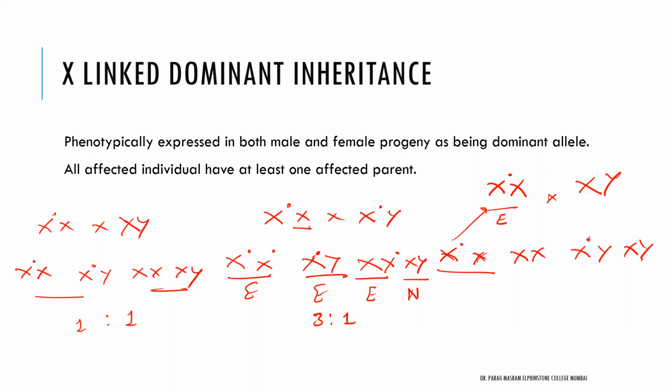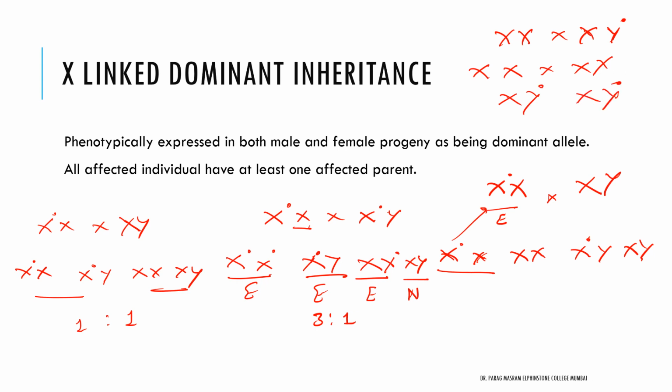In case of Y-linked characters, instead of the mother, the father's Y chromosome shows the mutated gene. All the daughters will be normal because there is no Y chromosome. Only the sons will show the character because it is present on the Y chromosome.